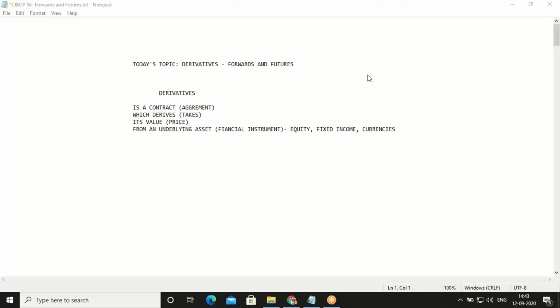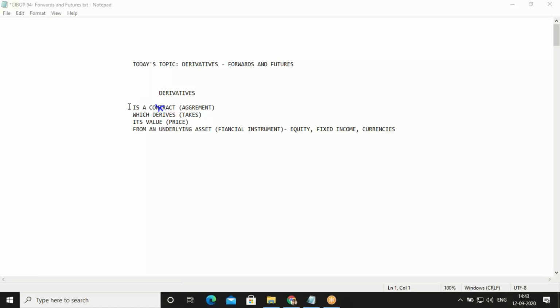Now, for example, if you don't use the word contract, and you say a derivative derives its value from an underlying asset, that doesn't make any sense to anyone, right? And especially when you go to an interview, the immediate cross question is, what do you mean by that, right?